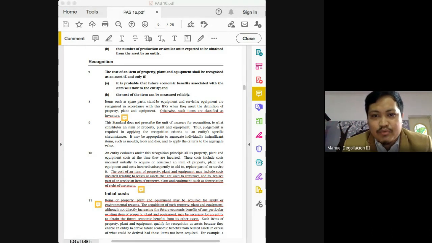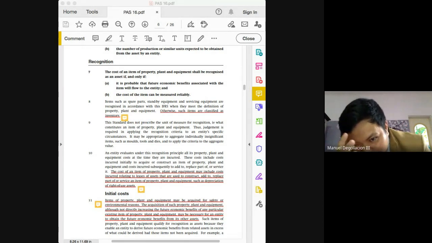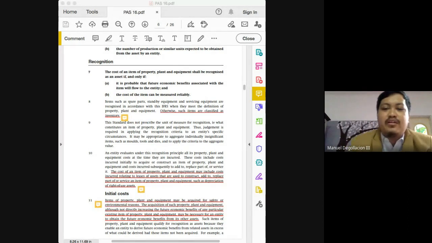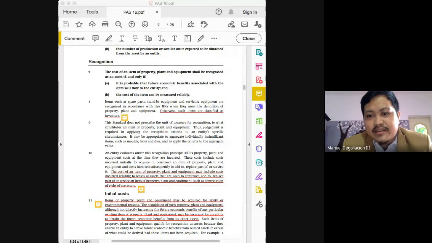Then this would be our capitalizable costs, that will be included in the cost or the carrying amount of an asset. And again, it's understandable if you find this concept familiar, because inventoriable cost is similar to your capitalizable cost.